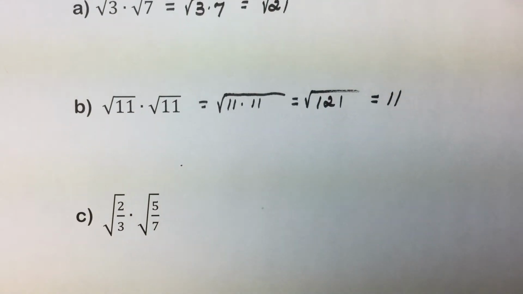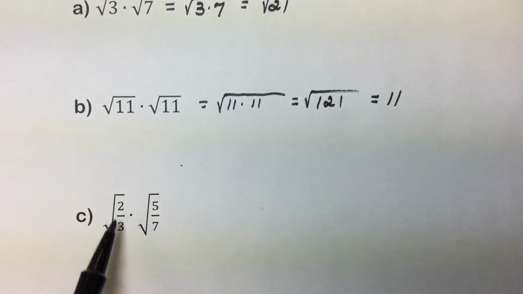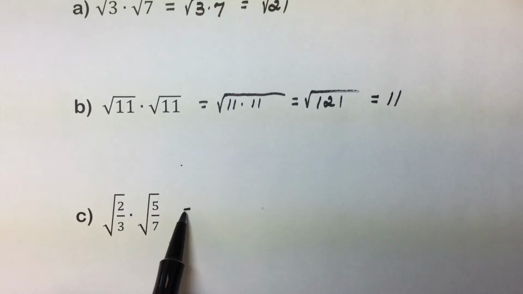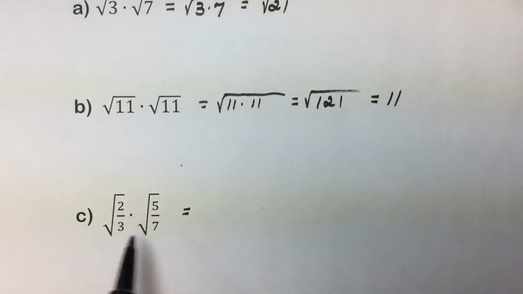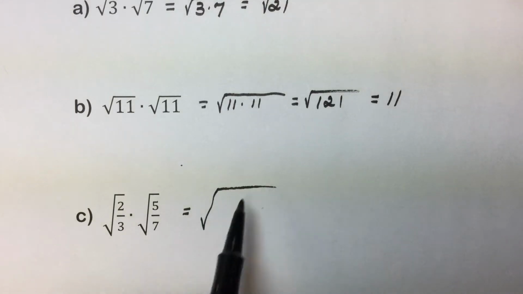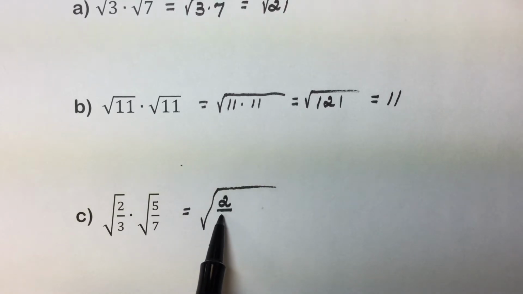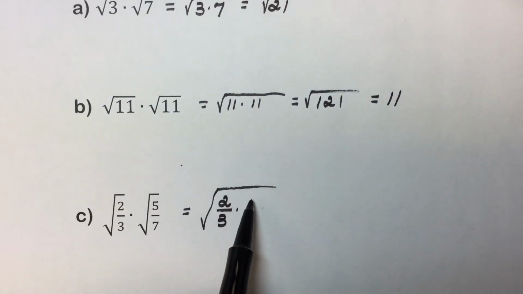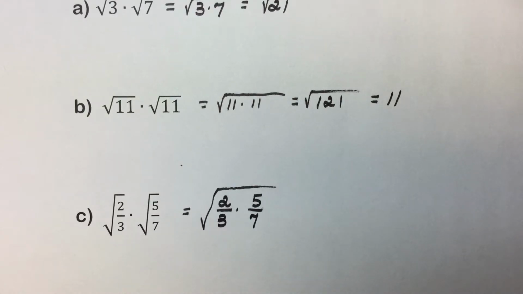We could also use the product rule even though it's not an integer. Here we have rational expressions as our radicands. We still will multiply each radicand underneath a single radical sign.